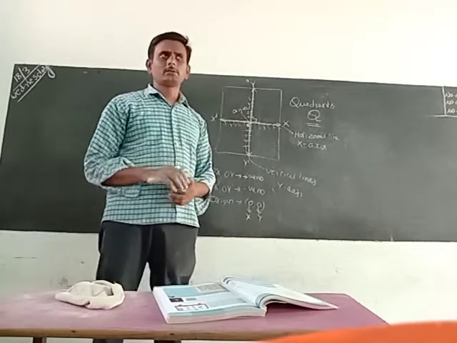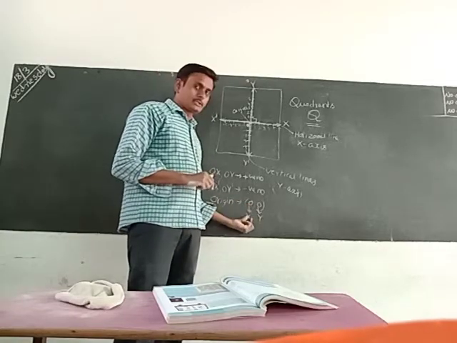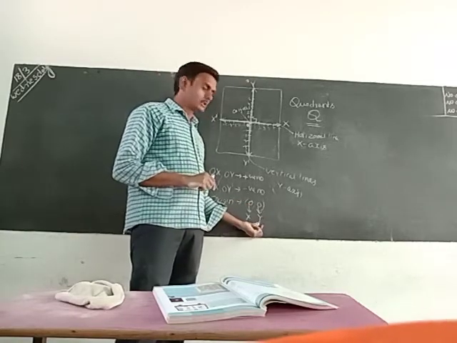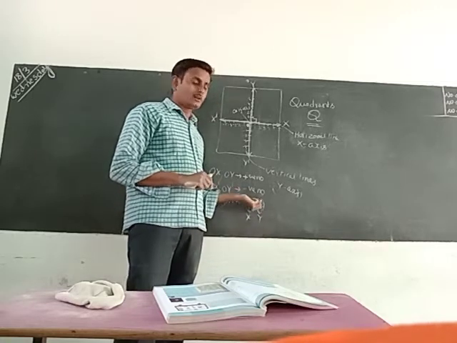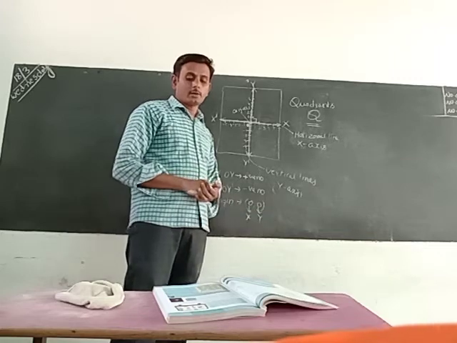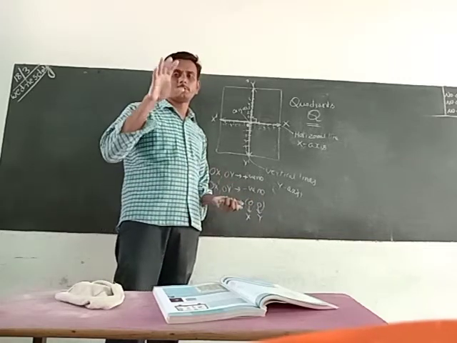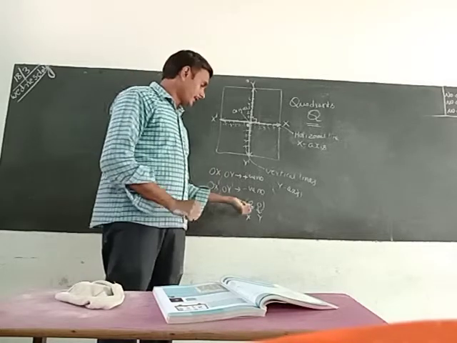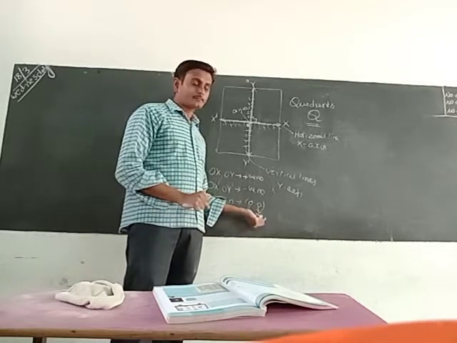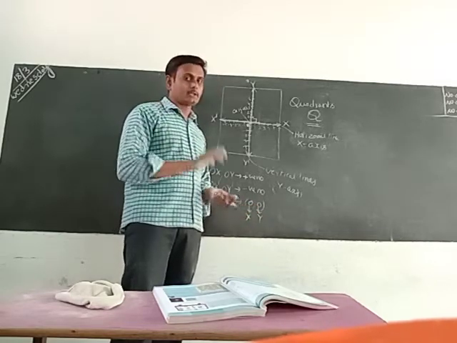The order will always be the same. This is the ordered coordinate: first coordinate, second coordinate. While writing the first coordinate, we always pick from the x-axis. The second coordinate is y-axis related.